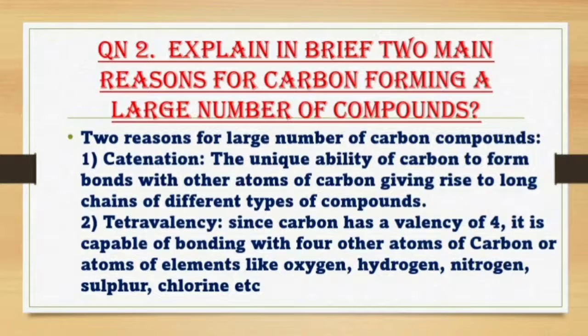Catenation is the unique ability of carbon to form bonds with other atoms of carbon, giving rise to long chains of different types of compounds. The second one is tetravalency. Since carbon has a valency of 4, it is capable of bonding with 4 other atoms of carbon or atoms of elements like oxygen, hydrogen, nitrogen, etc.